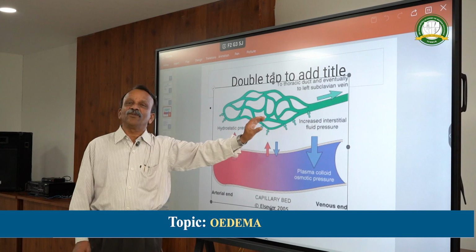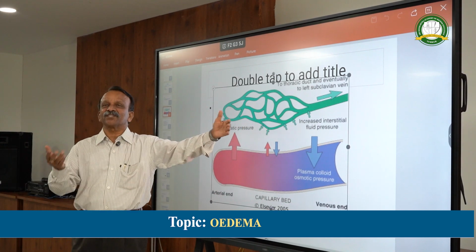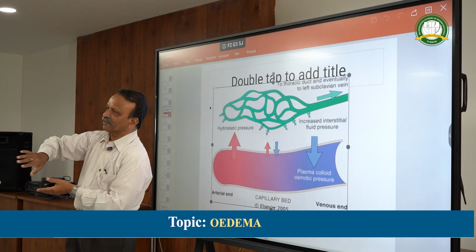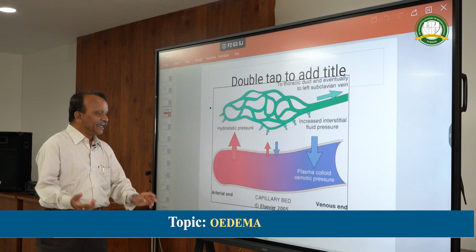So some amount of fluid gets accumulated outside the blood vessel during the continuous exchange of fluid from intravascular to extravascular and vice versa. This fluid will be drained by the lymphatics.